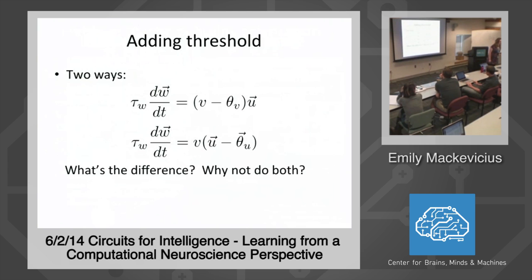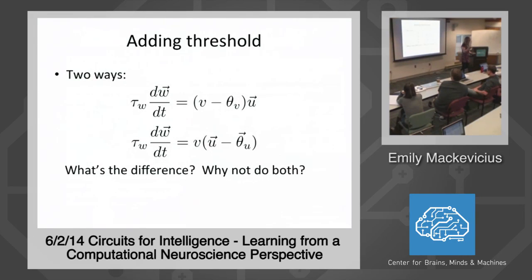So that might wind up being the same thing, but the idea is, in this case, if the output is low, then this product is negative and the weights will stay low. In this case, if the input is low, the weights will stay low. But if you had both of them, then if the input was low and the output is low, the weight would increase, which isn't really what you see and might not make sense.